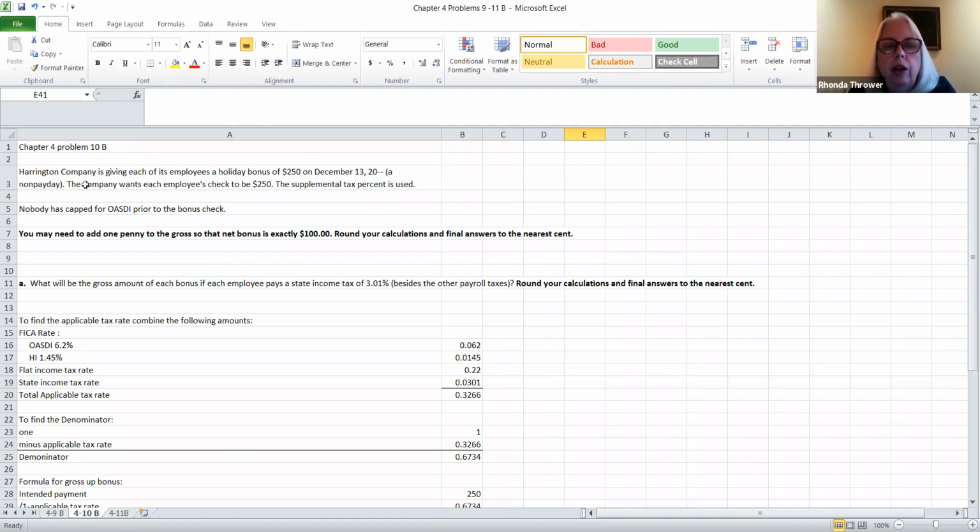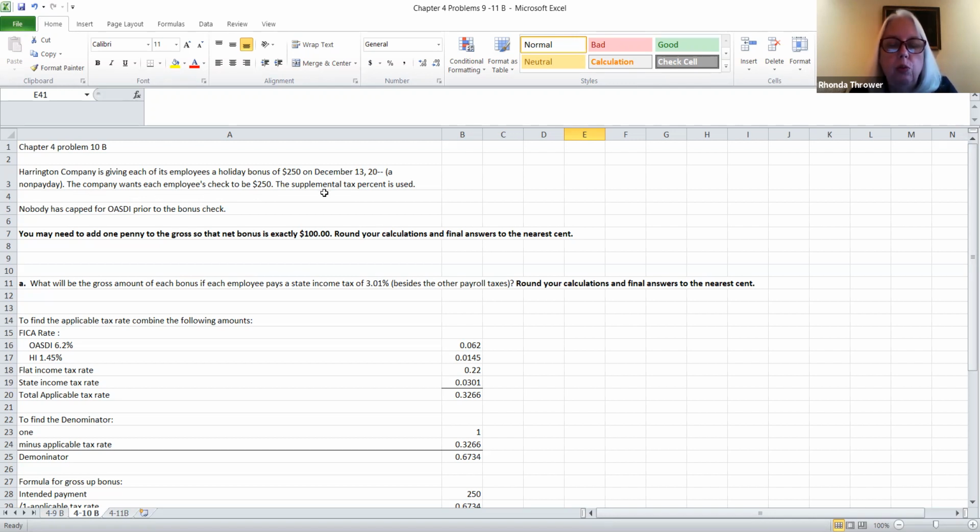It says the Harrington Company is giving each of its employees a holiday bonus of $250 on December the 13th, which is a non-payday. The company wants each employee's check to be $250, and the supplemental tax percentage used is 22%.